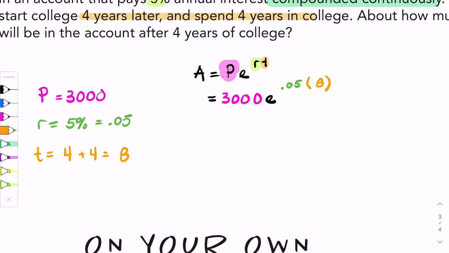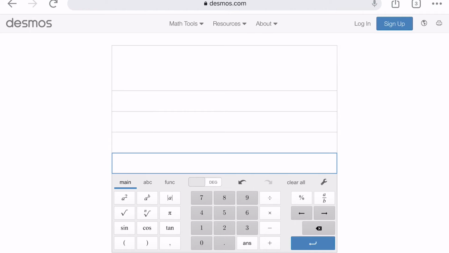And now I'm going to switch and show you in Desmos Scientific Calculator how to type in the number E. Okay, in Desmos Scientific, we have 3,000 multiplied by E, so I'm going to select function, which is directly below my cursor, slid over to the right.